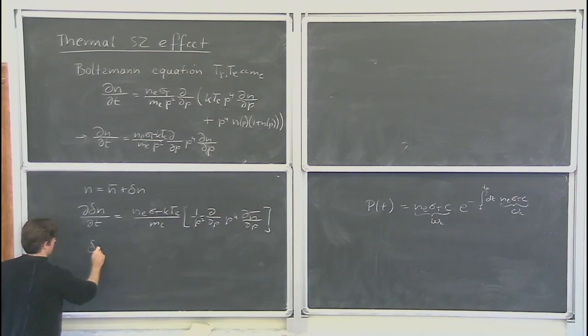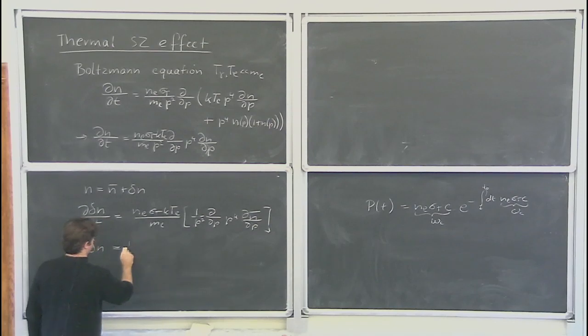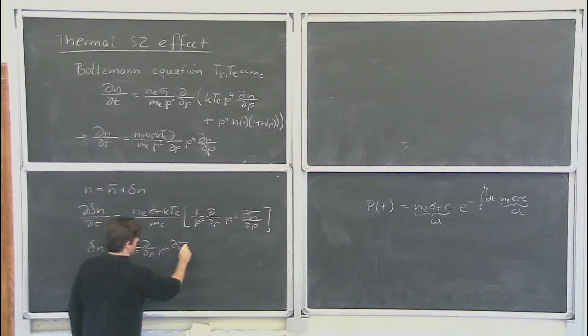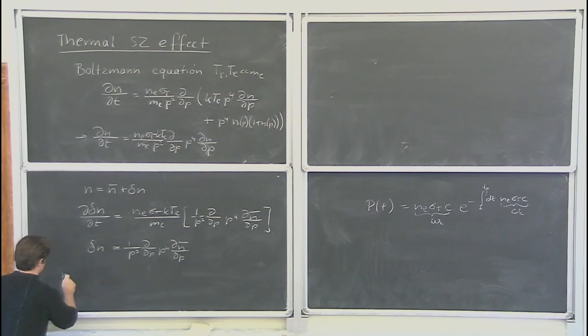So we just find that delta n is equal to this thing we can just pull out altogether. This is 1 over p squared d by dp p to the 4th dN bar by dp, where the n bar, remember, is just 1 over e to the p over kT minus 1.